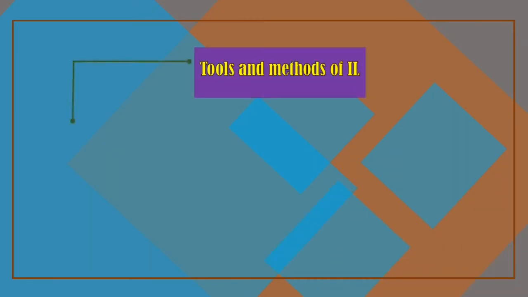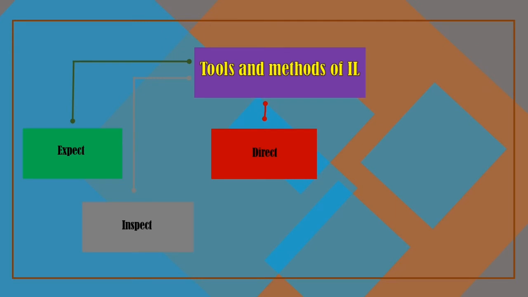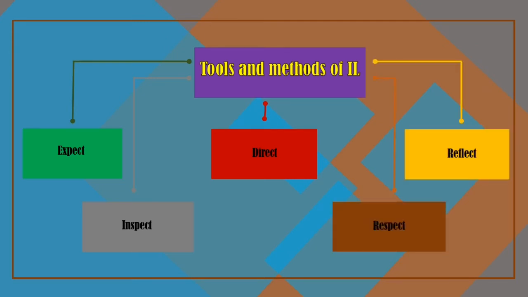One is expect, second is inspect, third is direct, fourth is respect, and fifth is reflect. So class, these tools are very common to us. And these are the tools and methods that a leader can use in performing his task.